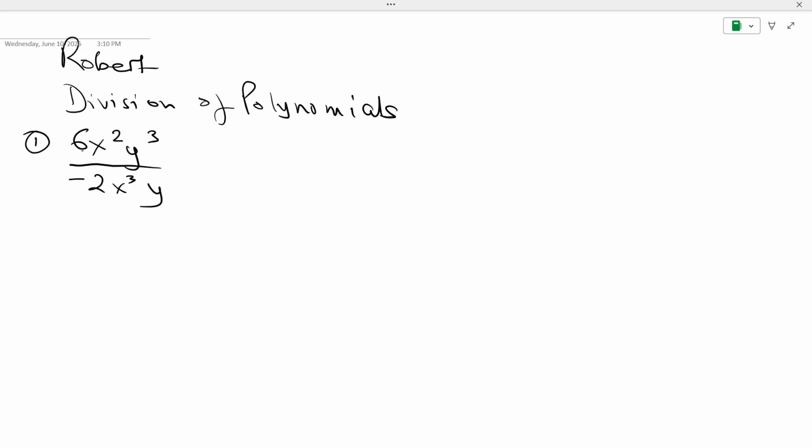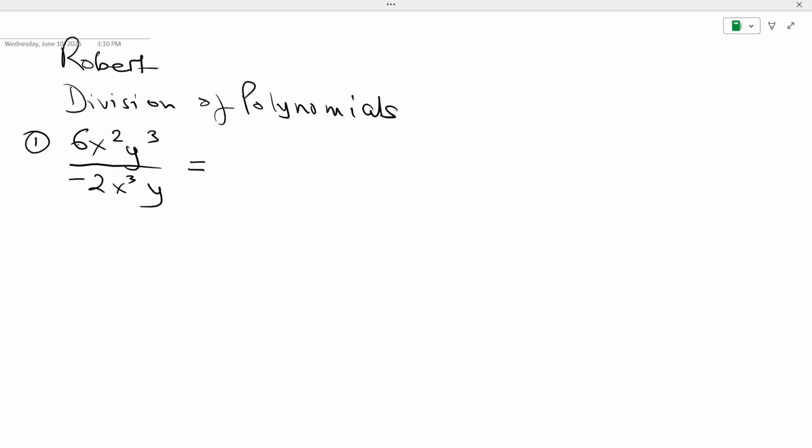Now, we can divide the top polynomial by the bottom polynomial by following the index rules. Work with coefficients, and work with similar variables.